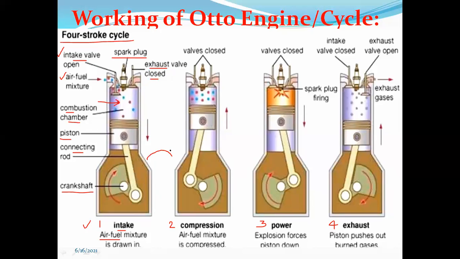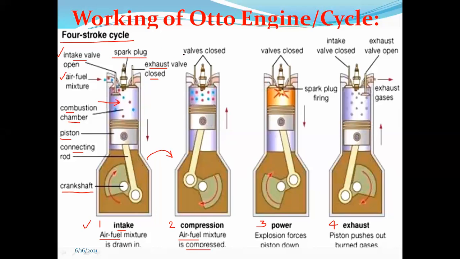After this process, the second process is there. In the second process, compression occurs: compression of the mixture of air and fuel. In this process, all the parts are the same as in the first, the intake process.